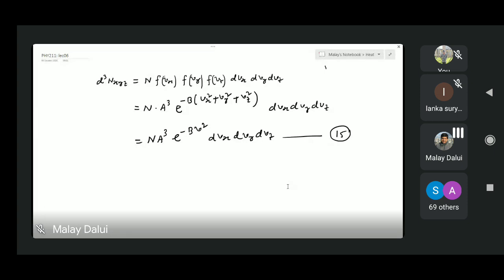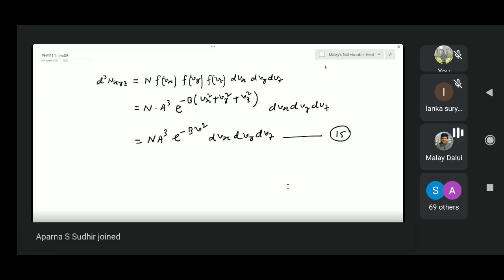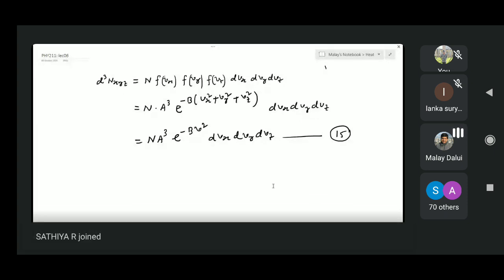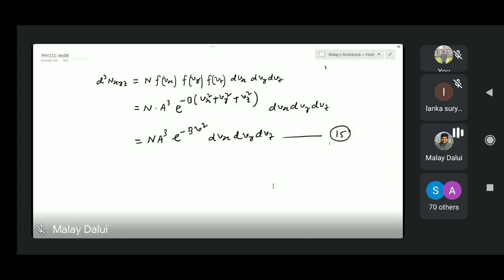Now, this expression is given in Cartesian coordinates. And as I said, our velocity is isotropic. There is no preferred direction, it's not x, y, or z. So if we express it in Cartesian coordinates, it's not very interesting.